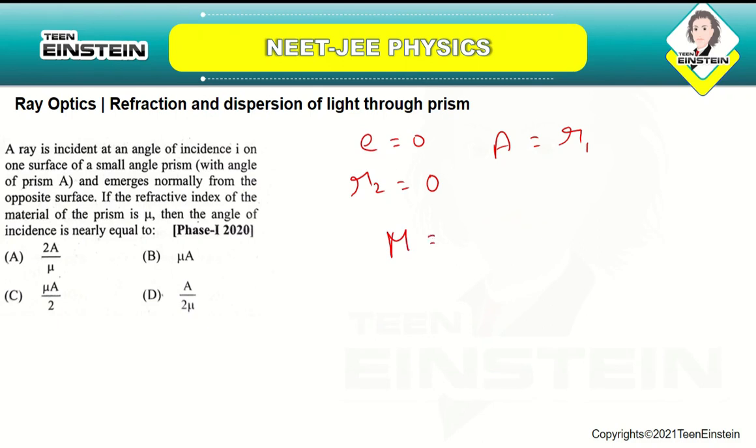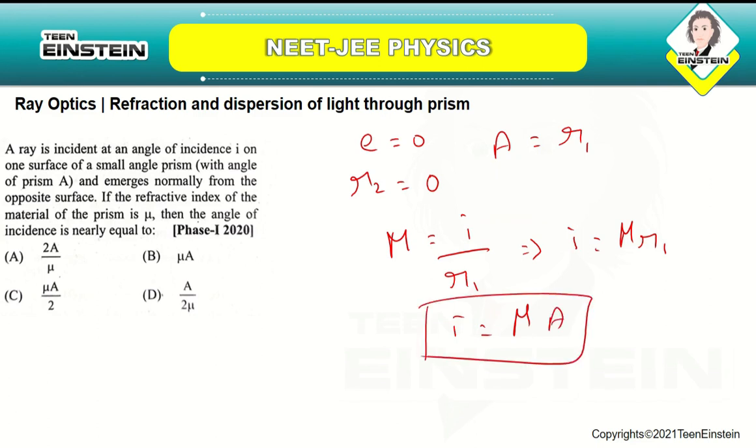So mu will be equal to I by R1, which gives I is equal to mu R1, or I is equal to mu A. So the angle of incidence is equal to mu into A. The correct answer is option number B.